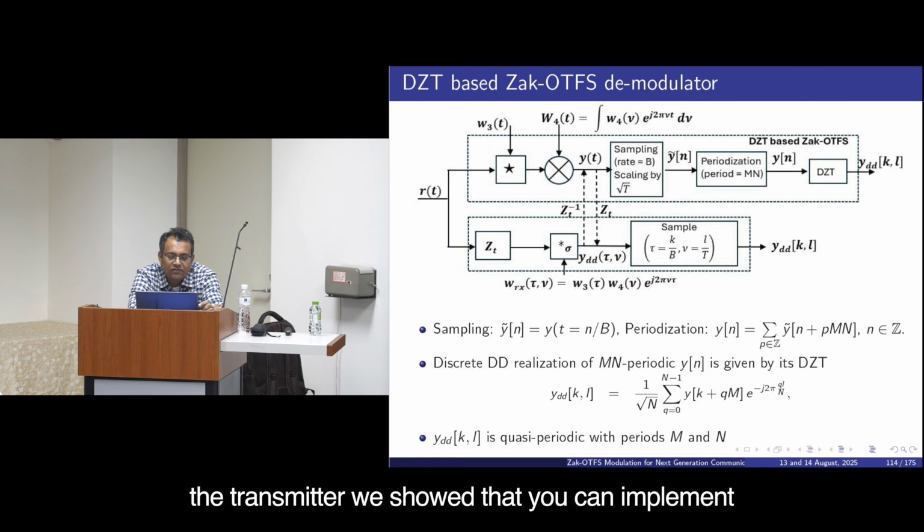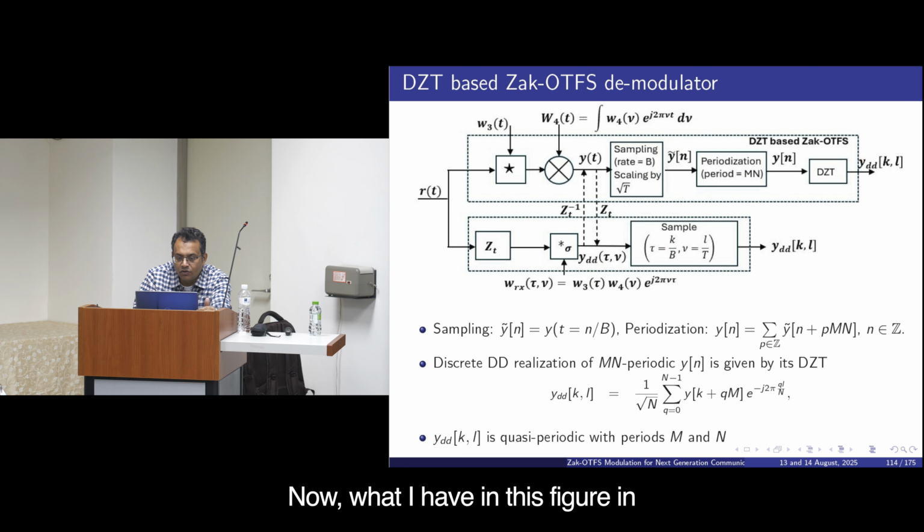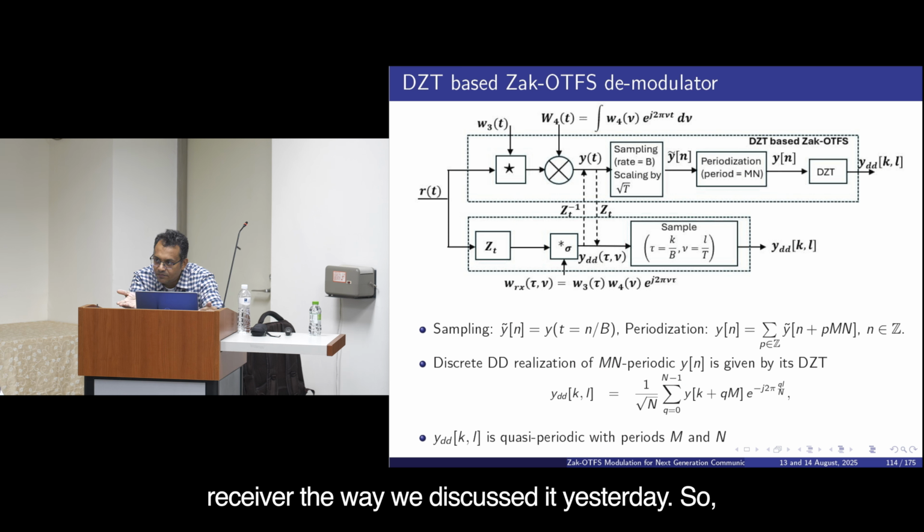At the transmitter we showed that you can implement it with discrete signal processing using that IDZT, right. Now, what I have in this figure at the bottom is what we have discussed so far. This is your Zak OTFS receiver, the way we discussed it yesterday.